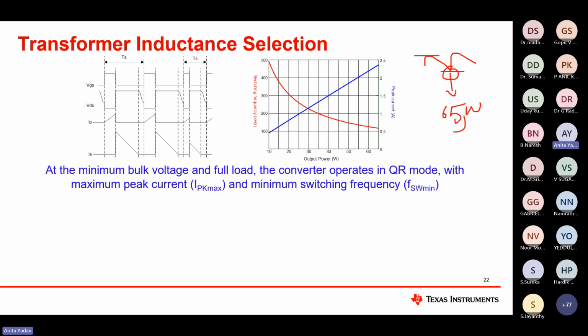Then the next consideration is at minimum input, full power, it can operate in first valley, as we can see here. With this assumption, we calculate the magnetizing inductance with the maximum peak current and minimum switching frequency.